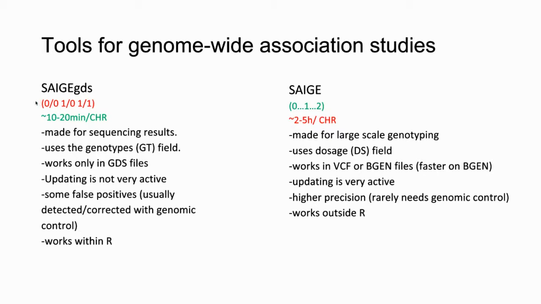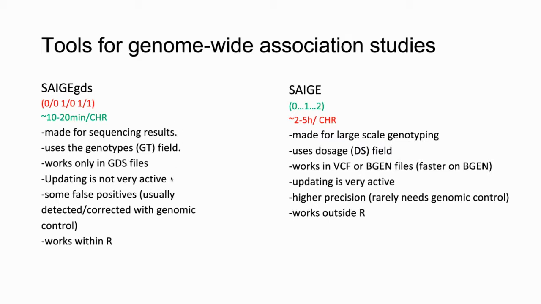It has the disadvantage that it is going to use the genotypes. So just as Ilja mentioned, it's not going to be very precise, but that also makes it very, very quick. You will have a full association of one chromosome in 20 minutes, more or less.